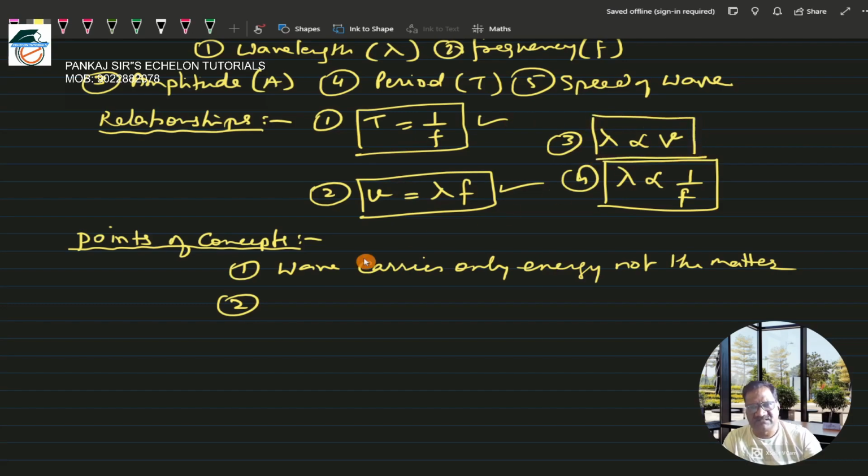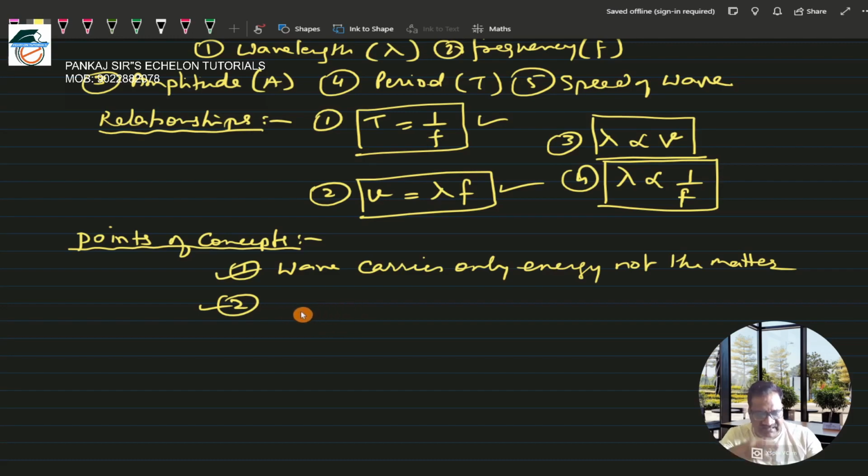Apart from this, one concept is very important, you should remember that. The second concept is whenever a wave is traveling from a rarer to a denser medium, the velocity of that wave changes.